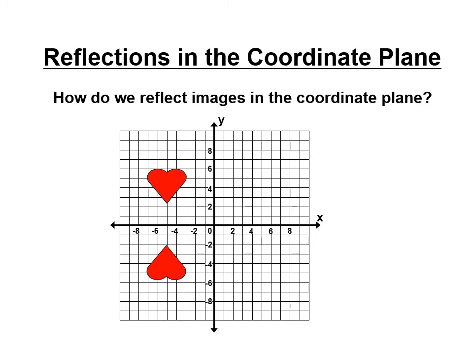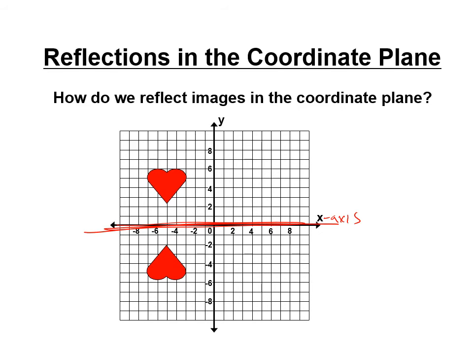All right, so this is a reflection. Well, now when we reflect something, you have to have reflected over something. So if a reflection is a mirror image, but another way to think of it is like flipping a pancake. I took this heart and I flipped it over the x-axis. So we're going to be doing reflections over the x-axis or over the y-axis.